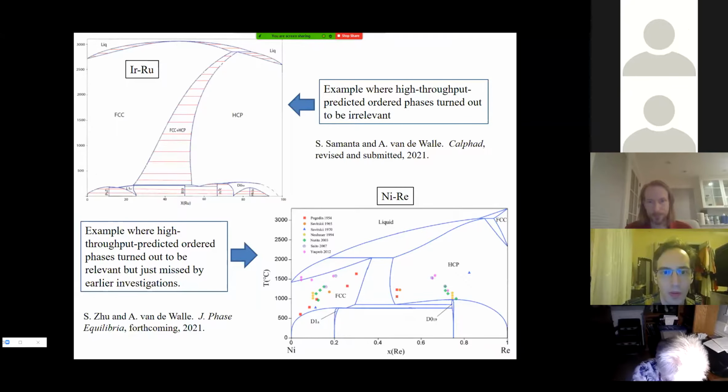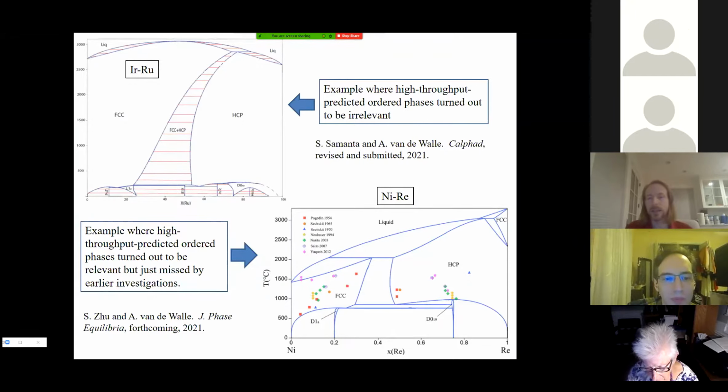So I have actually two questions. One is, could you explain how you managed to get FCC stable for the rhenium at high temperature? Oh, this is an artifact. The energy difference between HCP and FCC is extremely small. And in this project, we were really looking at the low temperature behavior because we wanted to rule in or rule out the ground state.